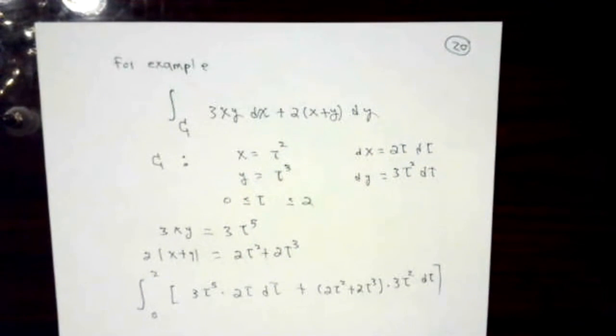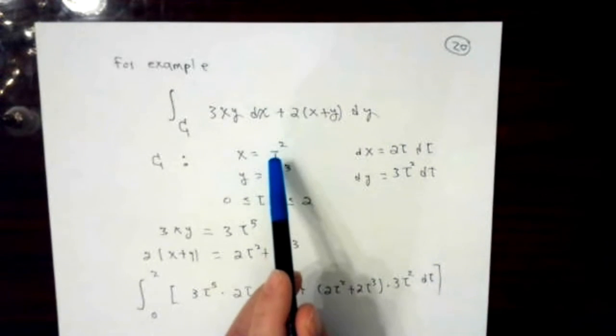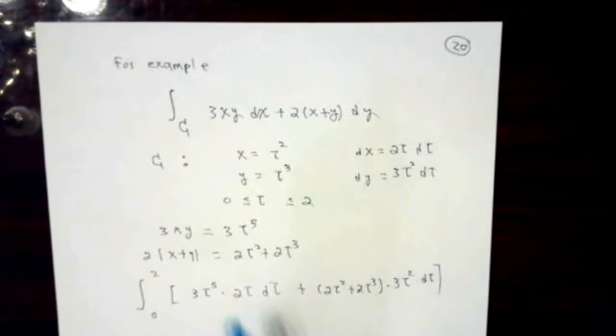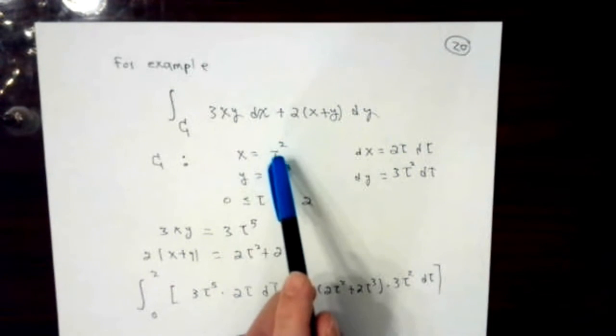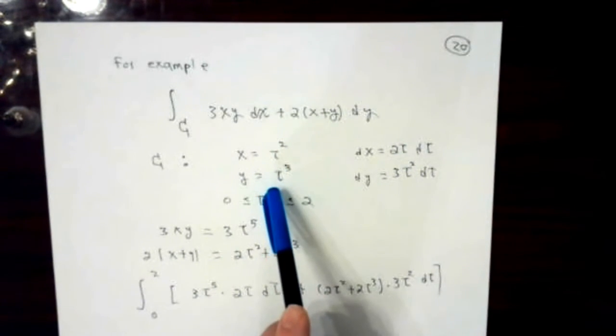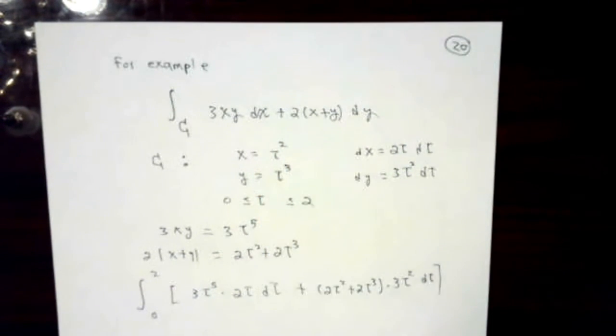I need to figure out what 3xy and 2 multiplied by the quantity x plus y are. 3xy is 3 times t squared times t cubed. That would be 3 times t to the 5th power. 2 multiplied by x plus y is 2 times t squared plus 2 times t cubed.